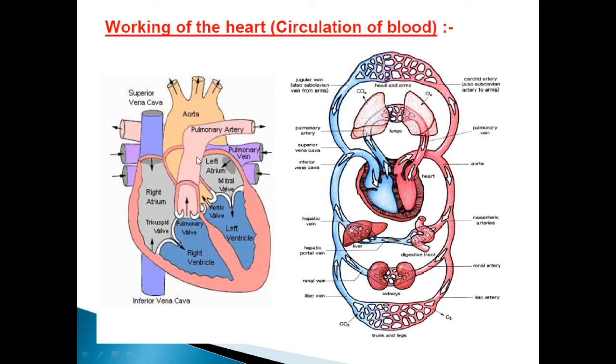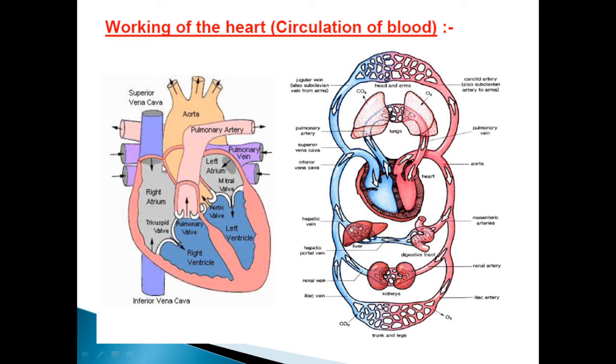Now, after getting oxygenation in the lungs, the oxygenated blood comes to the left atrium by the pulmonary vein. From the left atrium, the blood goes to the left ventricle, and from here, the blood goes to all the parts of the body by the aorta. So this is the way it happens, right?